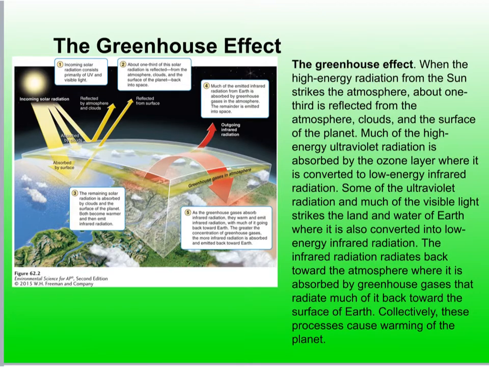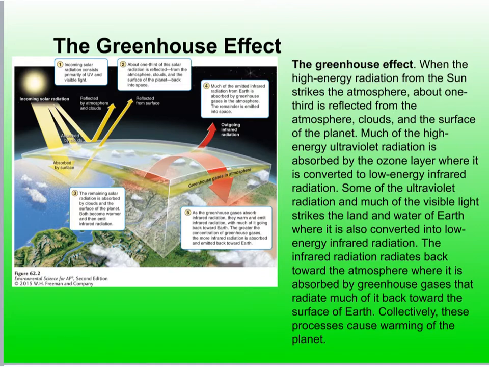The absorption of infrared radiation by atmospheric gases is basically reiterating this energy back towards Earth, and essentially that's the greenhouse effect. The greenhouse effect gets its name from the idea that solar radiation causes a gardener's greenhouse to become very warm.